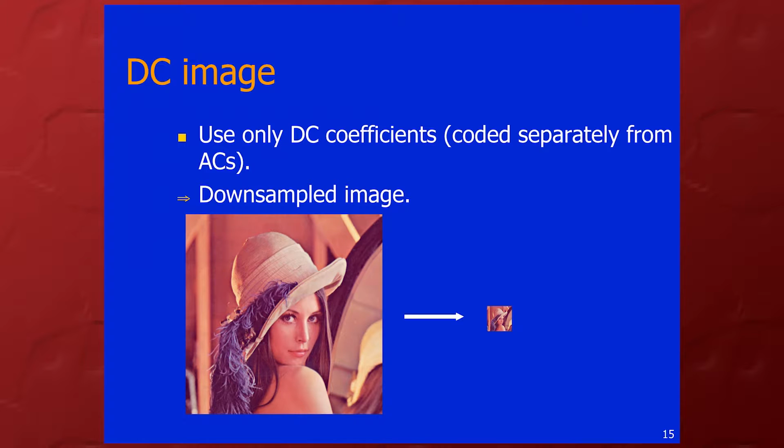So if I just consider the DC terms and ignore the rest, I essentially have a downsampled image, because I've got the average of each 8x8 block, so a smaller version of that image. But I can have that directly in the compressed domain. I can access that directly. So that's quite useful. I can use that directly, for example, for building something like a color histogram.